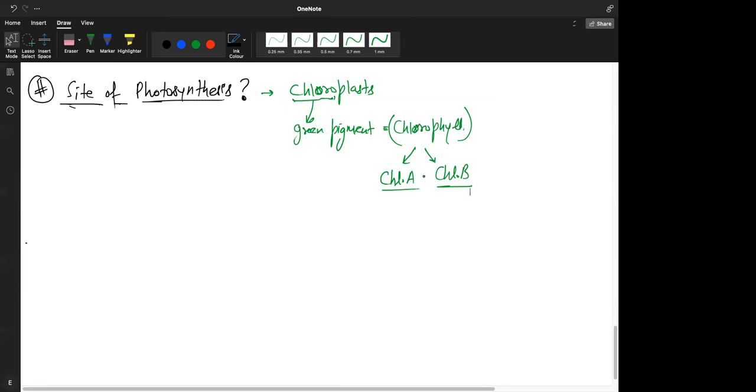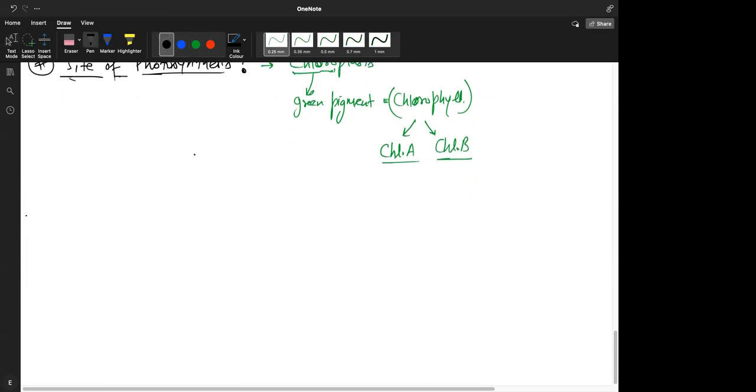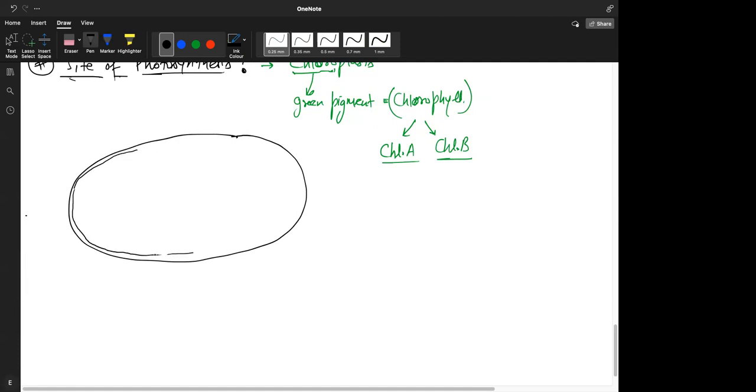So let's try to make a chloroplast here. Let's say this is a chloroplast. There is an outer membrane, correct? Followed by an inner membrane. You understand, everyone?